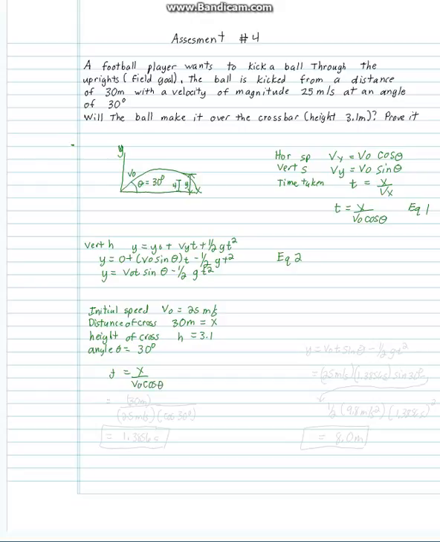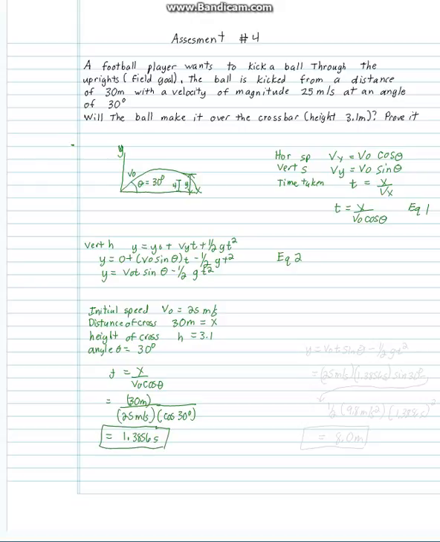So when we plug in those numbers from the givens, we have our 30 meters, our x, divided by our 25 meters per second, times our cosine 30 degrees, which when we enter that in our trusty calculator, I get a total of 1.3856 seconds.